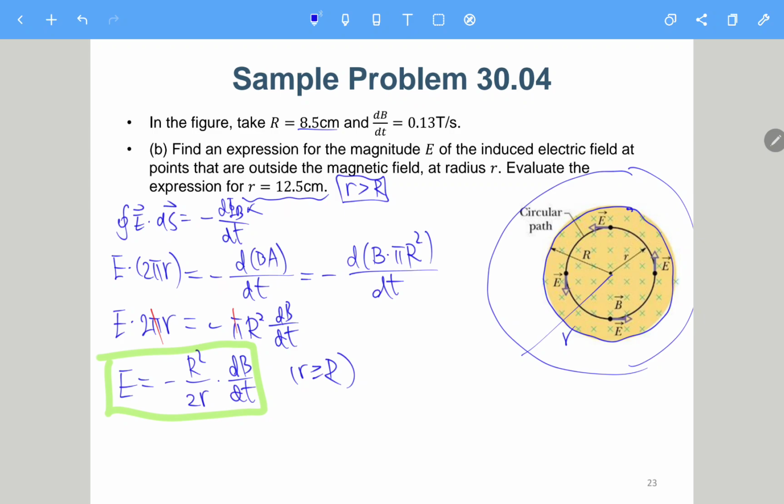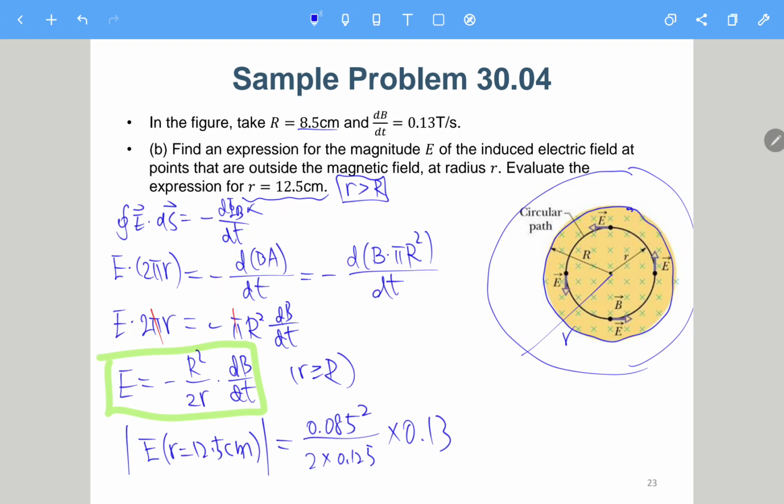Okay, so when r is equal to 12.5 centimeter, we can just evaluate E at this point. We don't need to care about the negative sign, we take the absolute value. So R squared, R is 0.0585 squared over 2 times 0.125 and then times still 0.13.